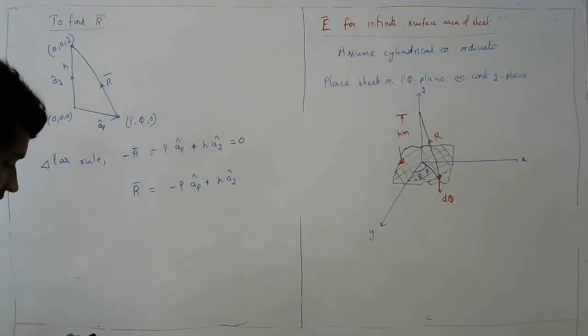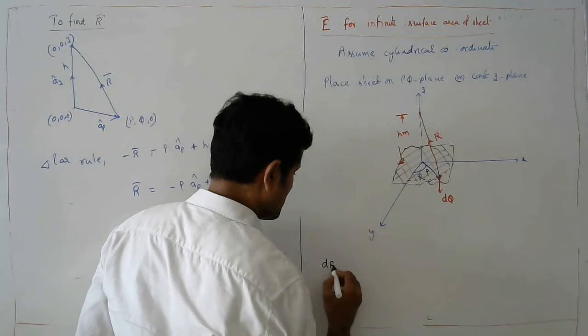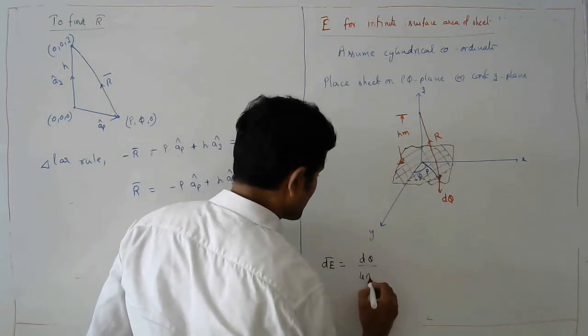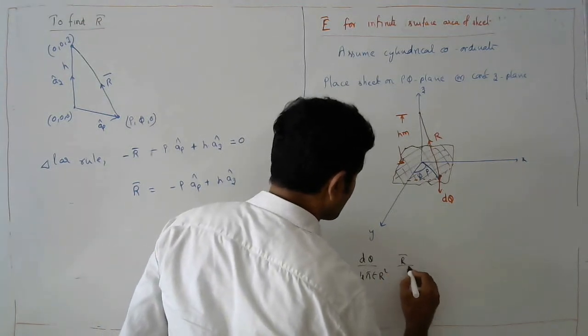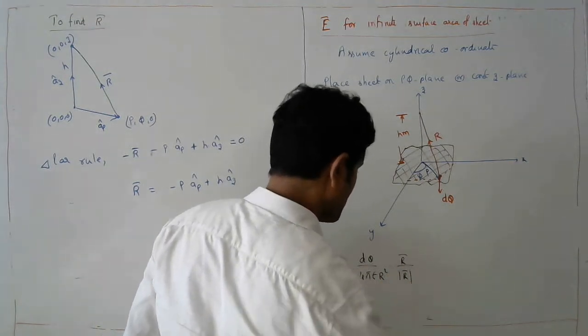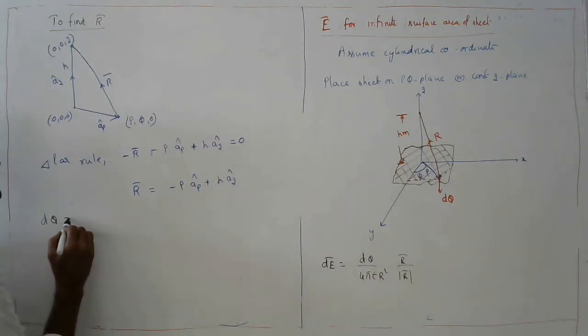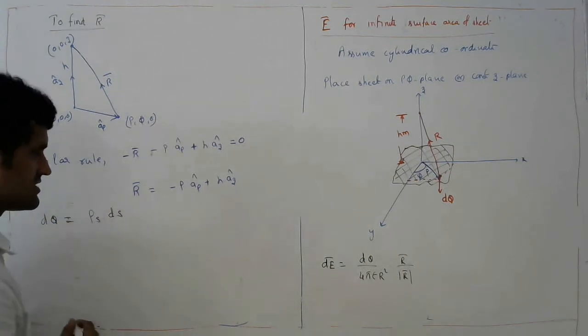Now after that, if you write the expression for dE bar, it is equal to dq by 4 pi epsilon into r square into r bar by modulus of r bar. dq is for this surface area, dq is equal to rho s into ds.